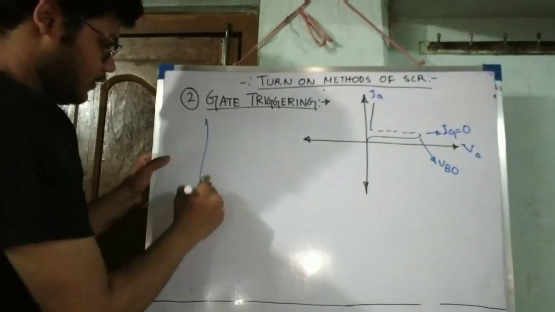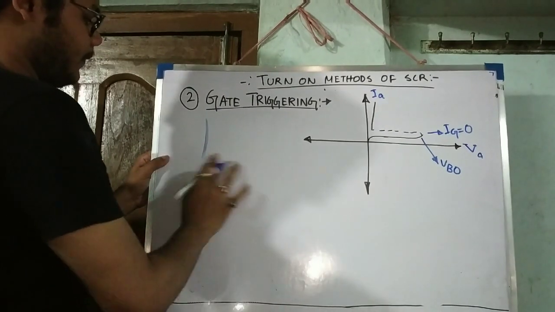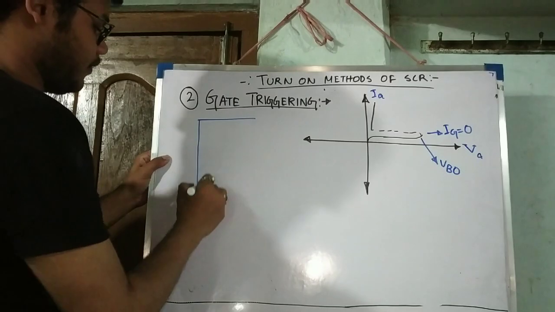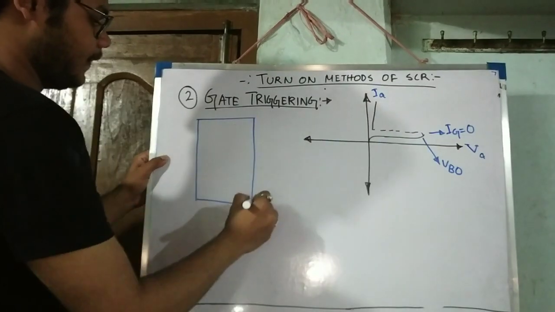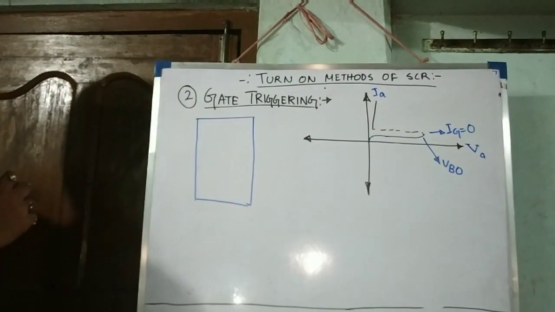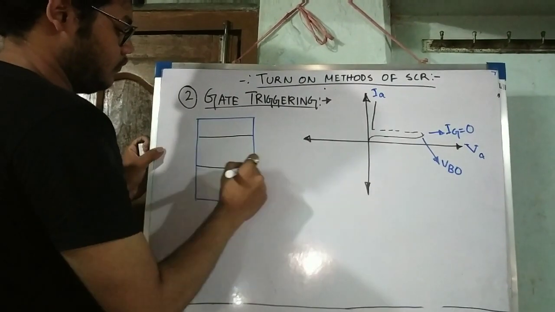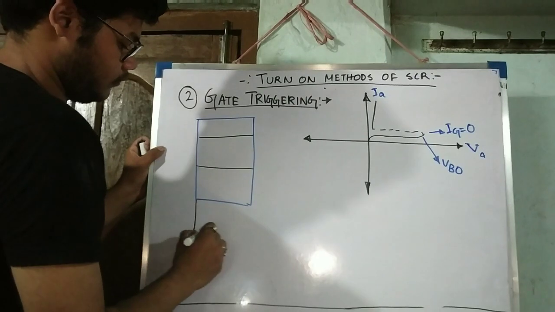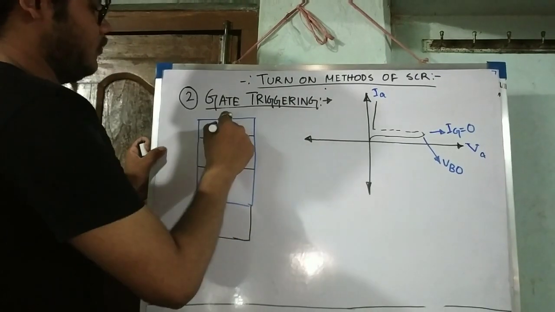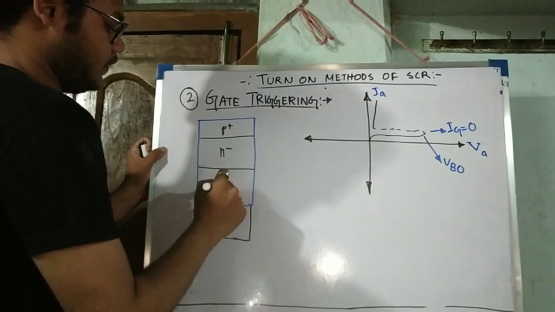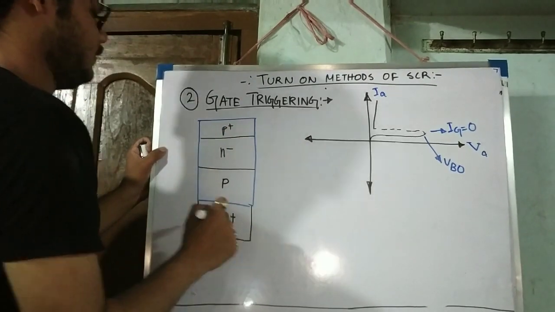See, if we look at the basic construction, this is P plus, N minus, P, N plus.